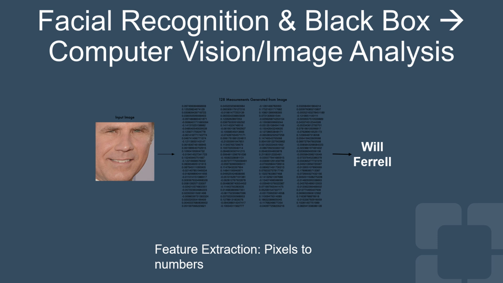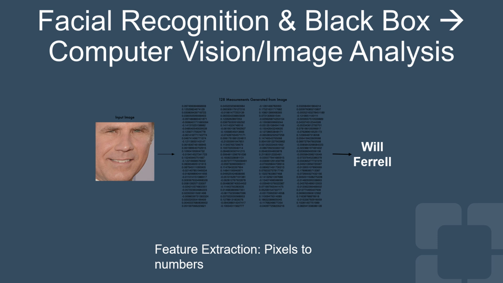If you have an image of a person and thousands of these images of the same person, and you train the machine in a supervised way by labeling the name of the actor or the person, it will generate a model which will predict that next time you present a photograph of a person, it'll be able to identify that person.